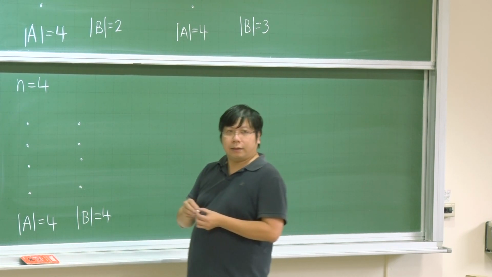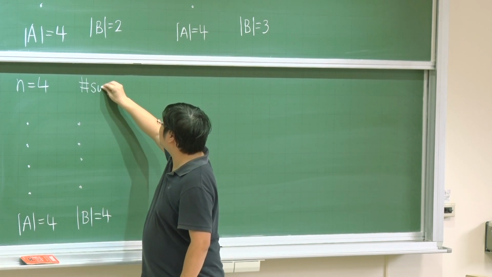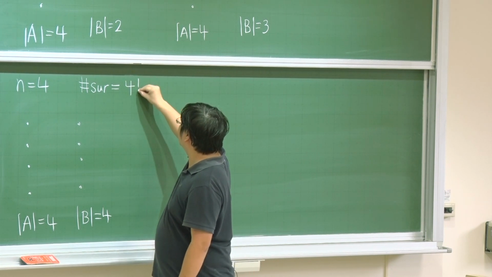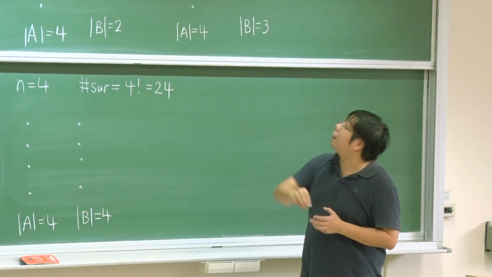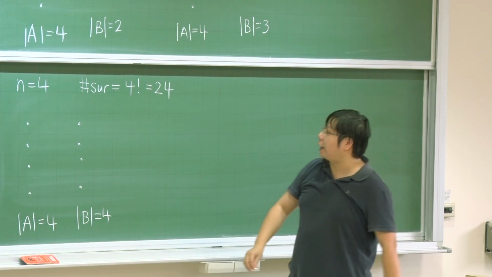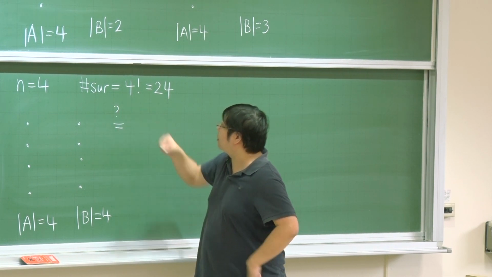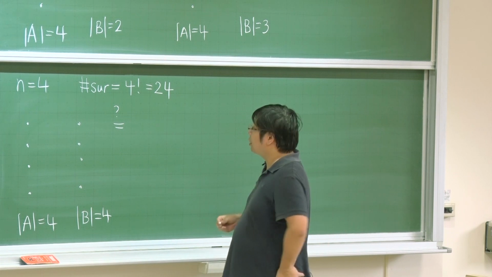At the beginning, we know that the number of surjections should be 4 factorial, which is 24. But let's double check whether what we find by inclusion and exclusion is the same.